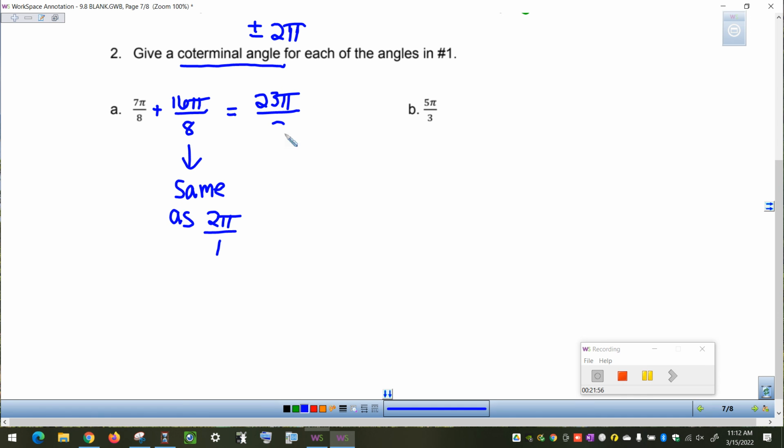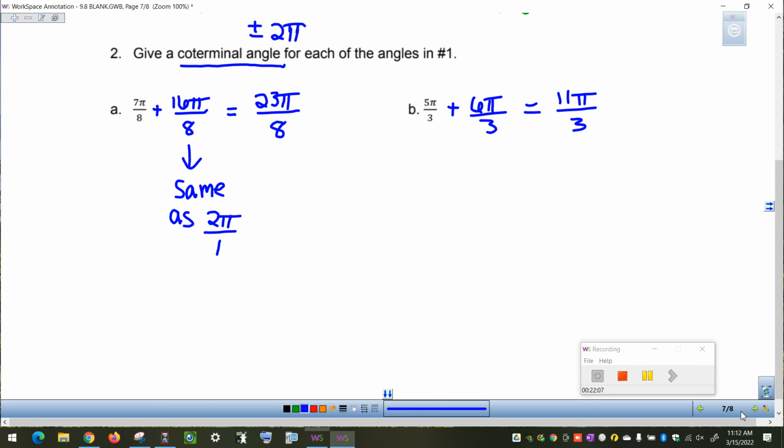We're going to keep our denominator the same. We did 5 pi over 3 in the activity. So to get a coterminal angle there, we could add 6 pi over 3, which is another version of 2 pi. And that's going to turn it into 11 pi over 3. I added 2 pi on both of these. You also could have subtracted 2 pi, and that would be another correct way to answer this question.